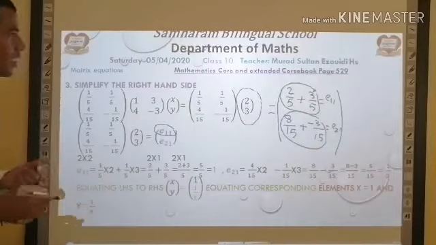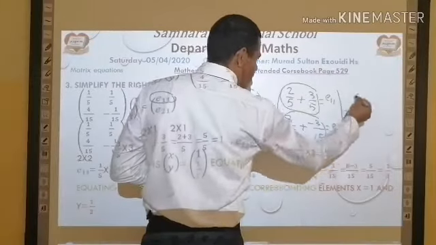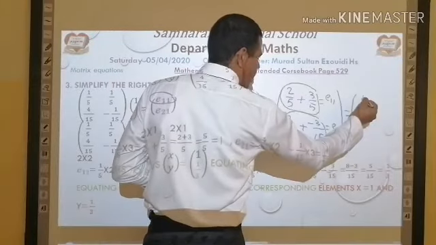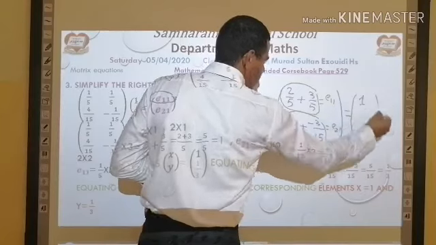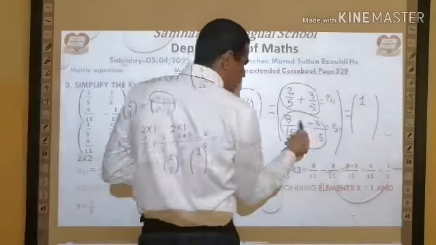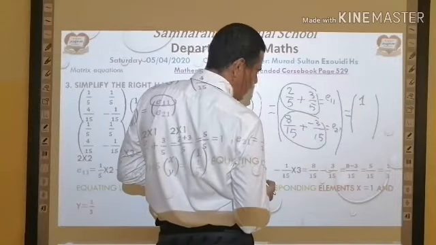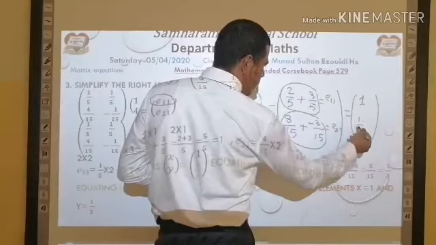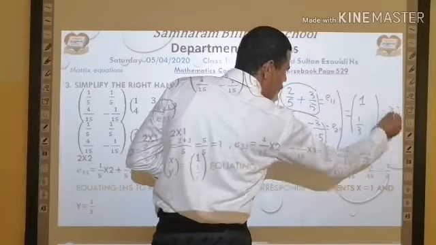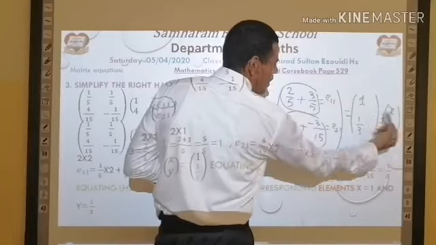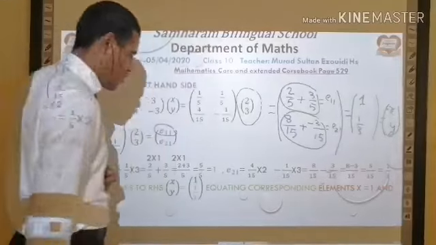Okay, I will calculate, my kids. 2 plus 3 all divided by 5 gives 1, 5 divided by 5 is 1. Then, the next, 8 minus 3 is 5. 5 divided by 15 is 1 divided by 3. So this one, my kids, should be xy.